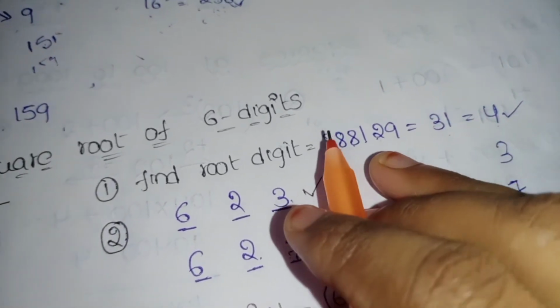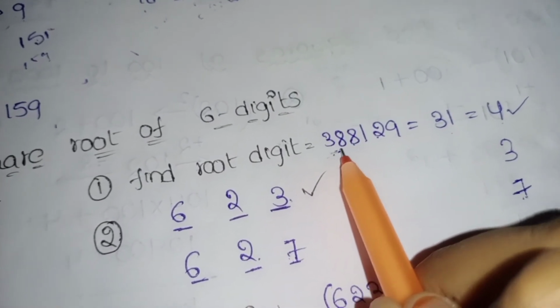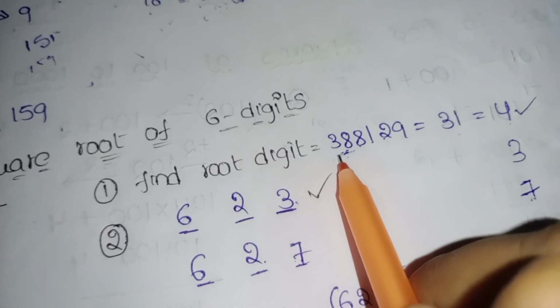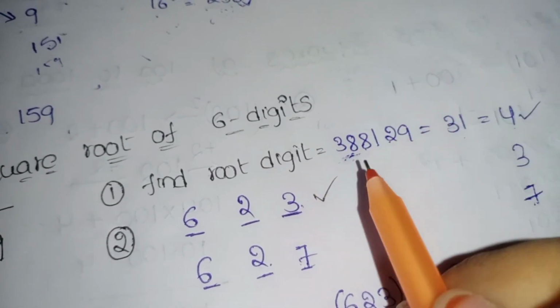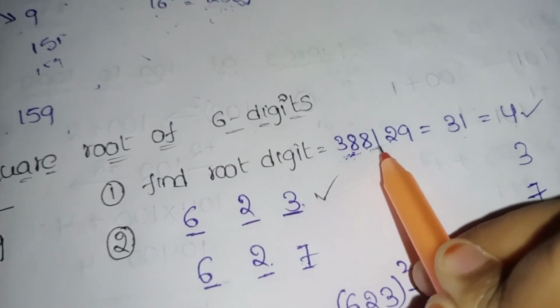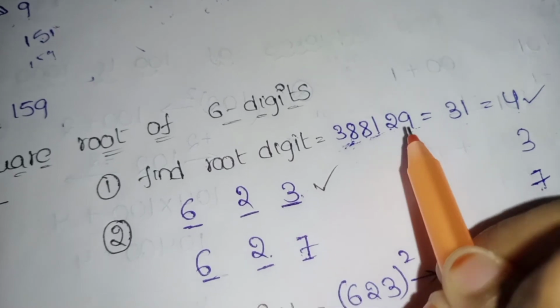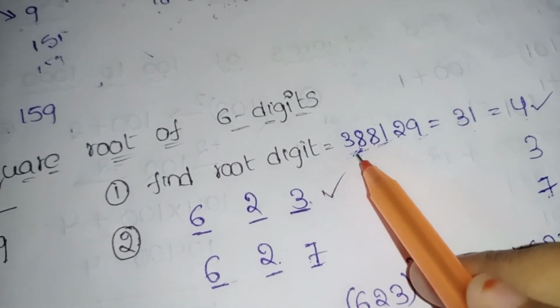The first digit is also easy to find, because for the first number you have to take two digits, and for the second number you take the next two digits. The first part is 38.